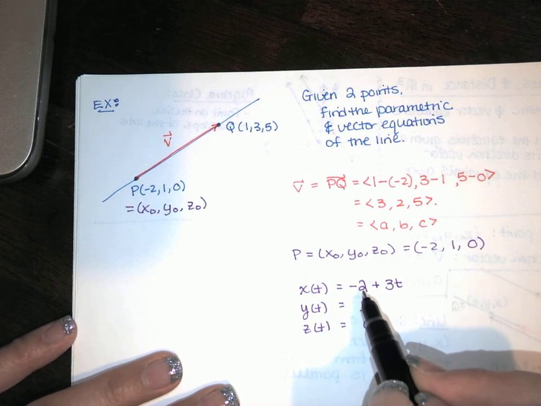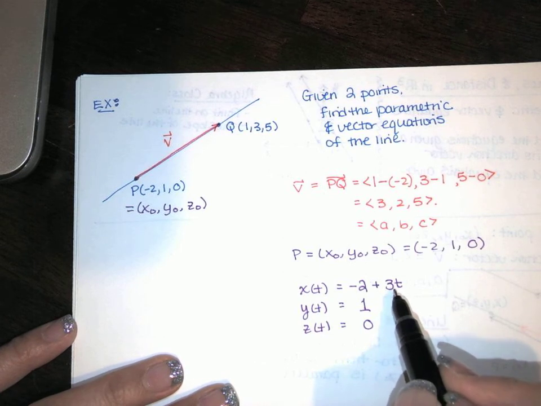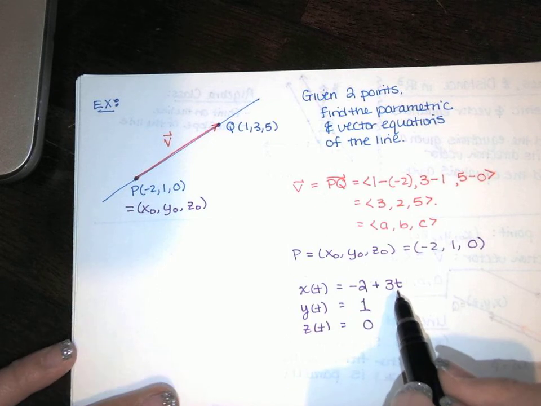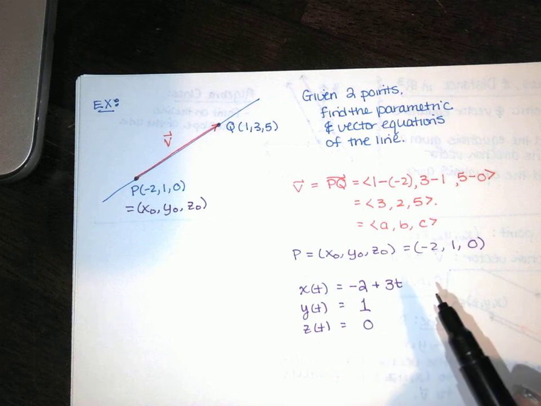Because wherever I start, which is the -2, I'm going to go 3 units in the X direction to get to the point I would be at 1 unit later. When t equals 2, I go 6 units in the X direction from -2. When t equals 3, I go 9 units in the X direction from -2 to get my new X coordinate.